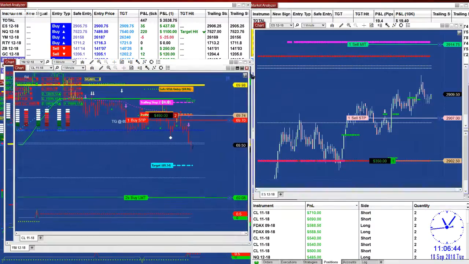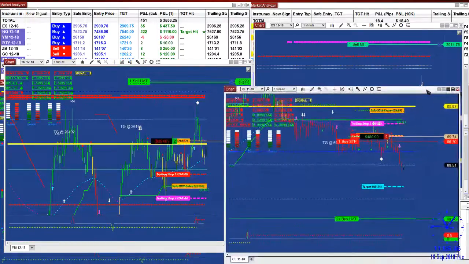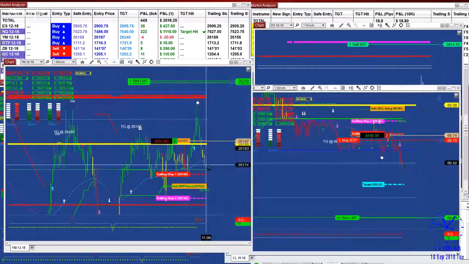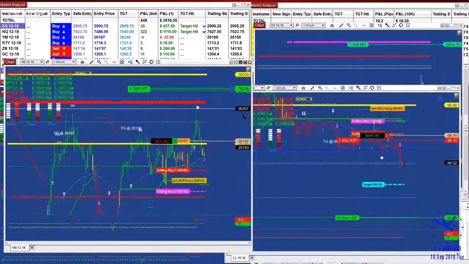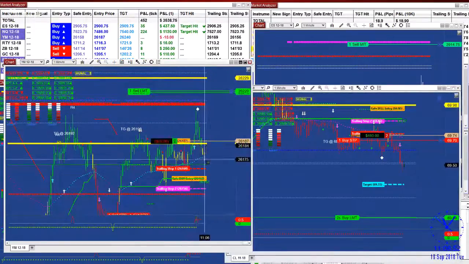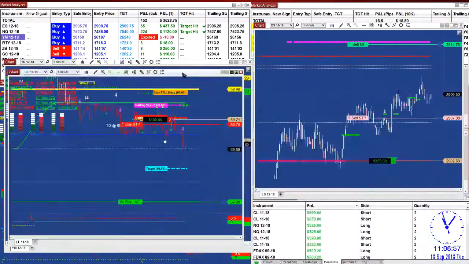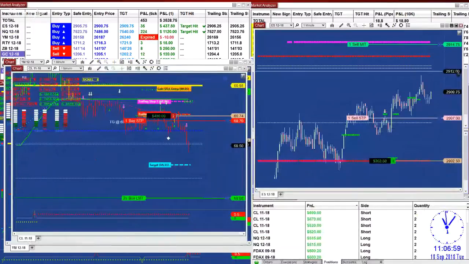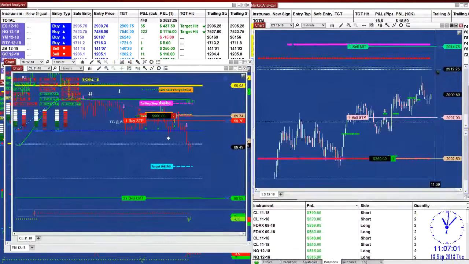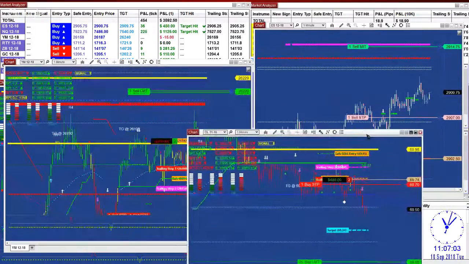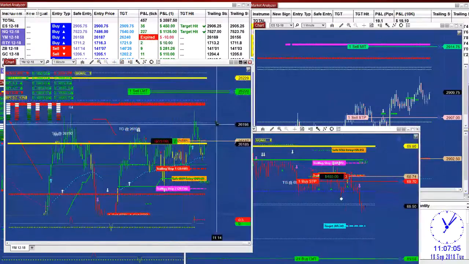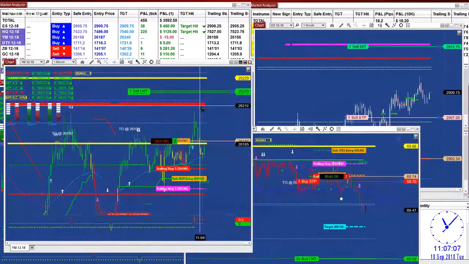Let me try to cover this. You see? The market came back, pulled back, and now it's climbing again because of the ES. So this trade again, for the ones following the trades on the YM, you're going to have a problem again at 62.10.